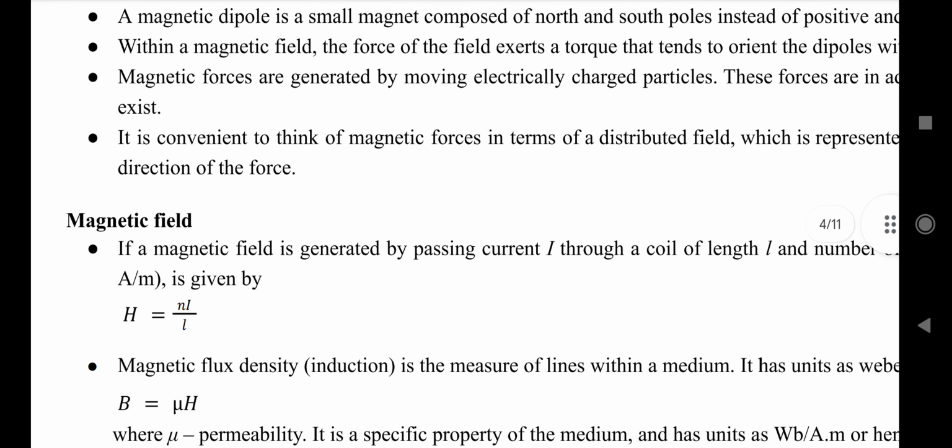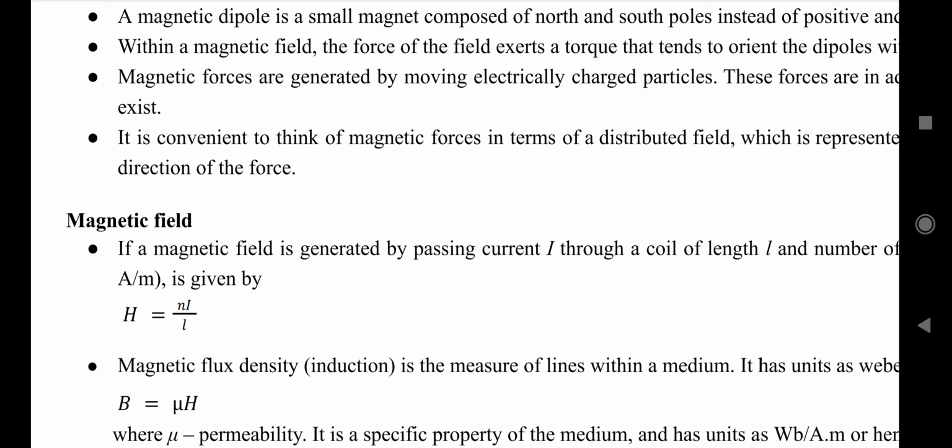Right. Now we have to understand how this magnetic field can be measured. It is measured based on a term which is called magnetic field intensity or magnetic flux density. All these terms point us to the measurement of the magnetic field.